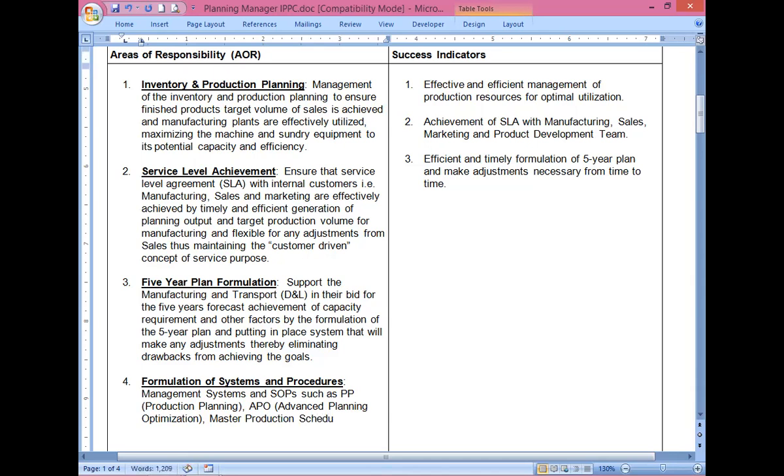Sometimes they do flash volume. What is flash volume? Daily volume. Make adjustment on the daily volume. So it is important that you have the master production schedule, and others are implemented.